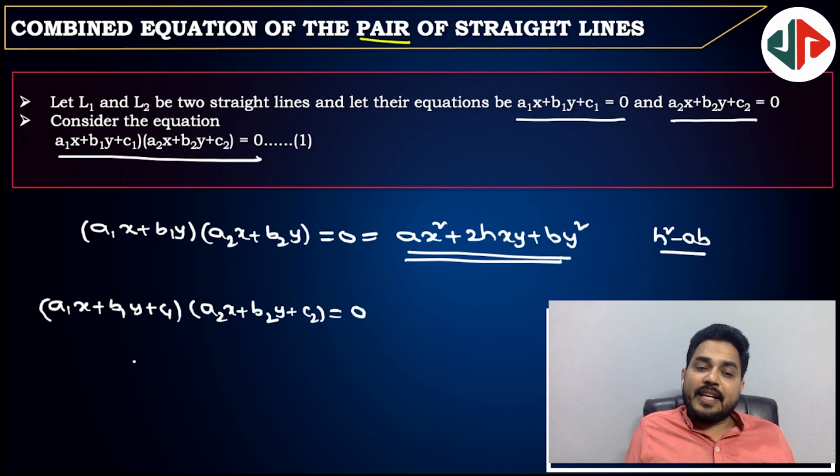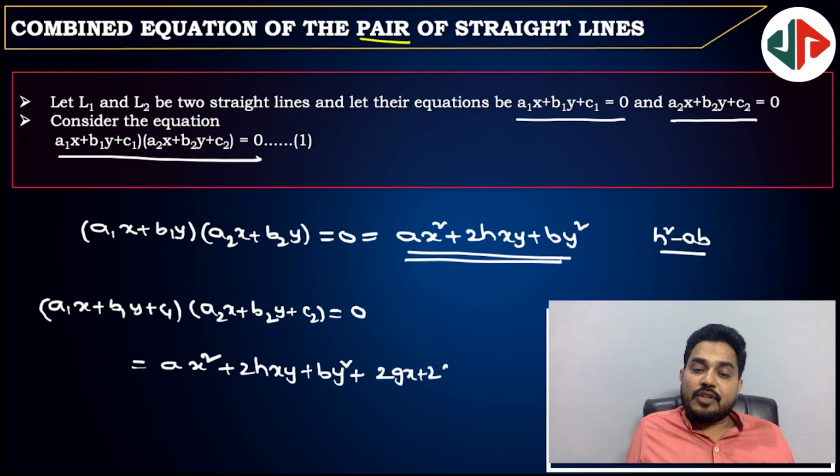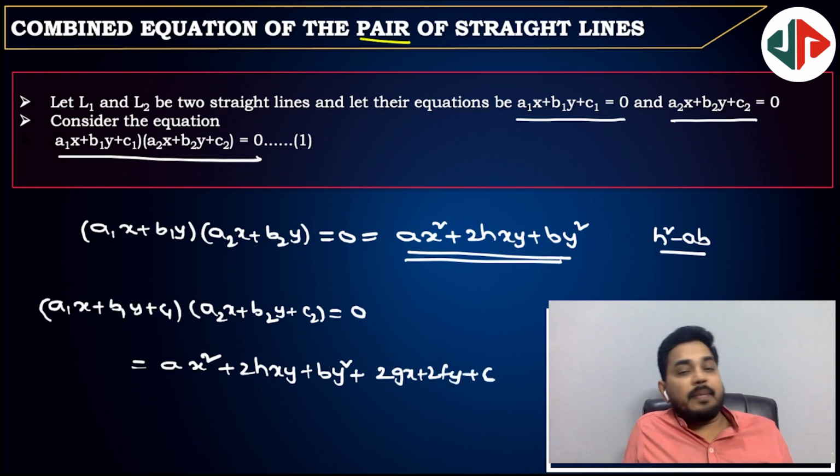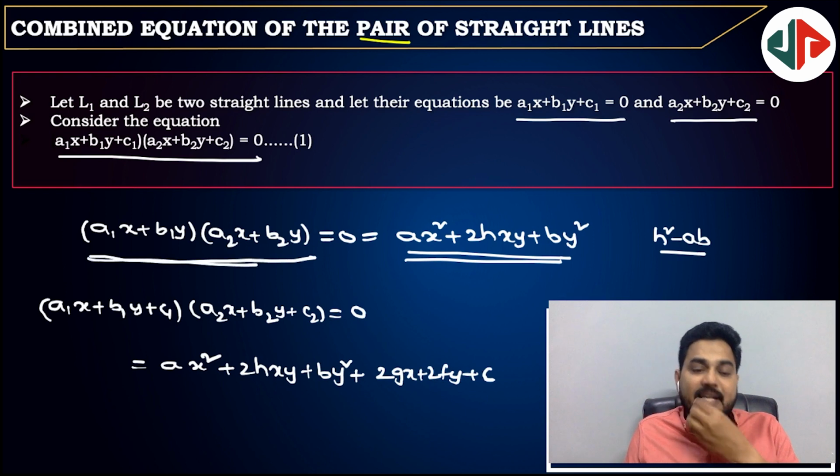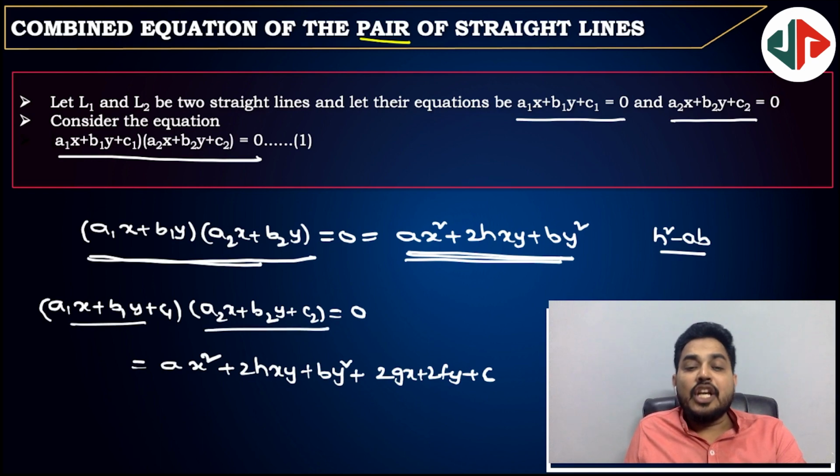This combined equation we will write as ax square plus 2hxy plus by square plus 2gx plus 2fy plus c. So these are the two lines passing through the origin; their combined equation gives a homogeneous second degree equation. These are the lines not passing through the origin; you are going to get this equation.